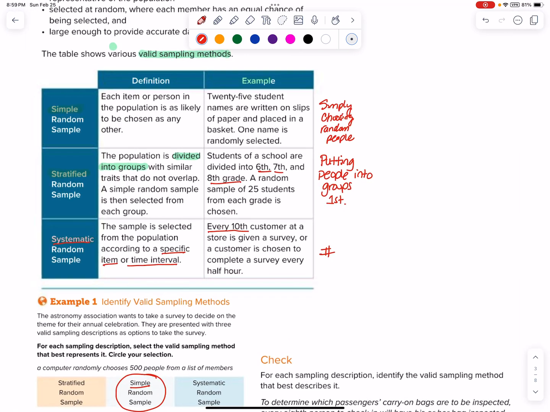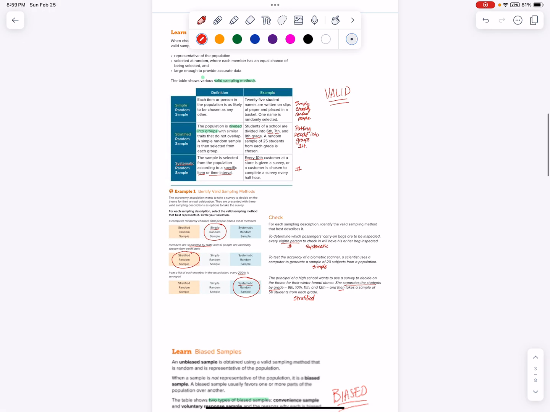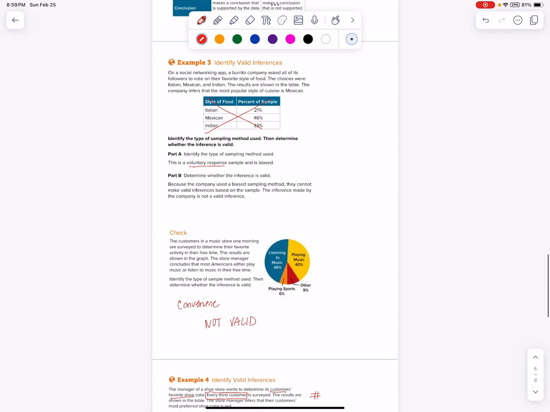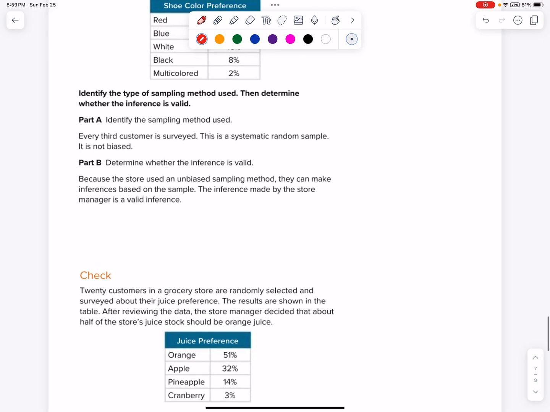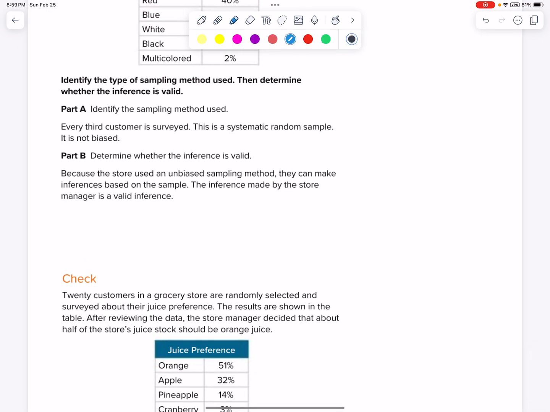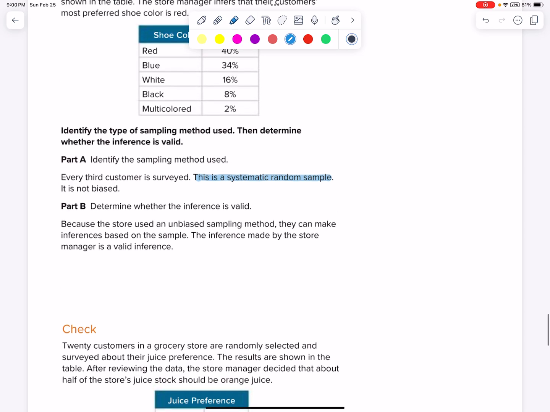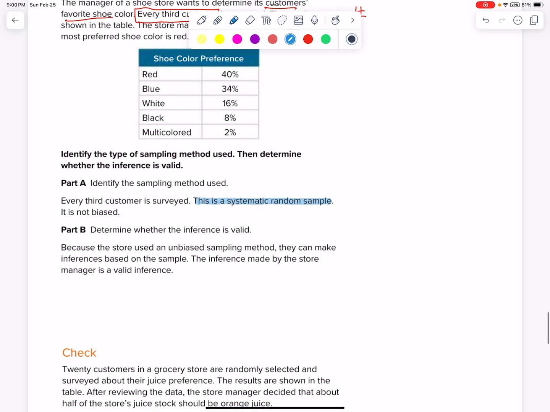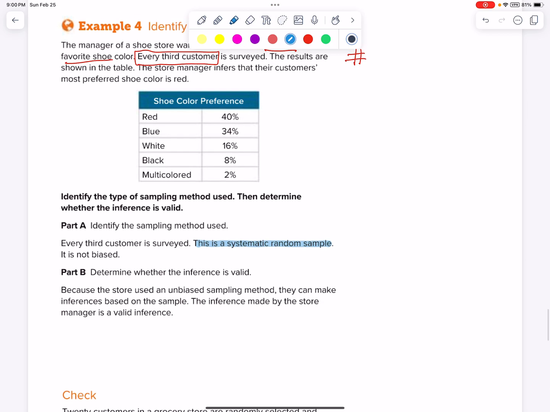Okay, and systematic is a valid system. Okay, so let's go back down. And if we look at this one, you can see that's what they said. They said this is a systematic random sample. It's not biased, it's valid. Okay, so can we make an inference about this? Yes, we can. So the owner can make an inference to say that the favorite shoe color is what? The red.